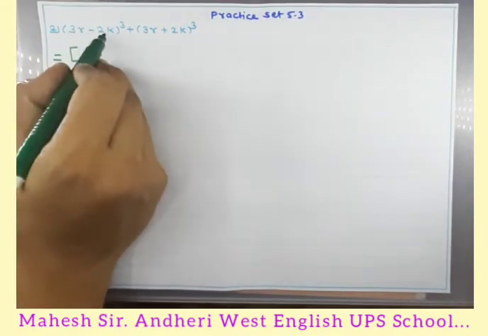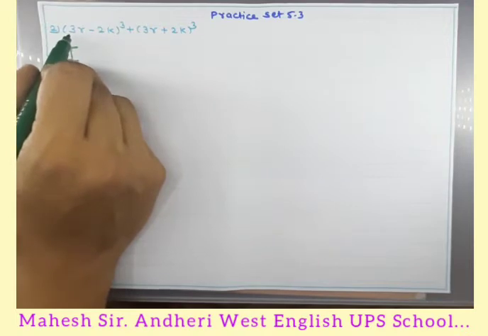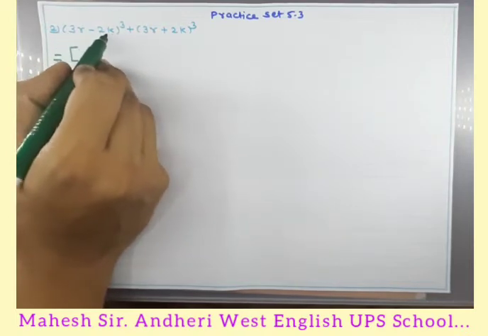If you look carefully, instead of a, 3r is there, and instead of b, 2k is there.